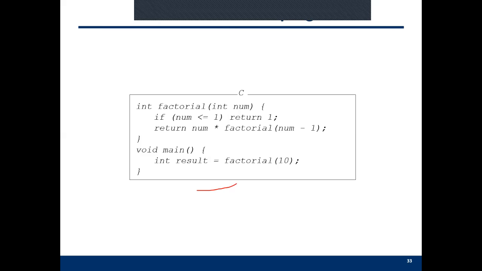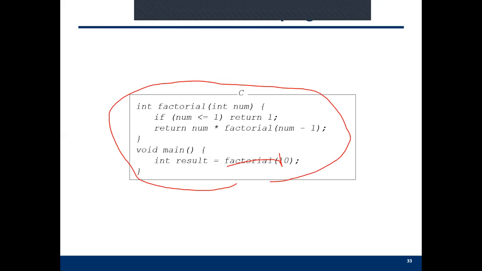And here is one example. When we call a function, we put the next instruction address of the current address into the RA, and then we go to this function.